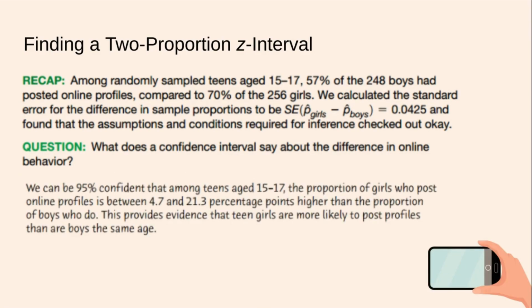We can be 95% confident that among teens aged 15 through 17, the proportion of girls who post online profiles is between 4.7 and 21.3 percentage points higher than the proportion of boys who do. This provides evidence that teen girls are more likely to post profiles than are boys the same age. And that is our conclusion from our confidence interval.